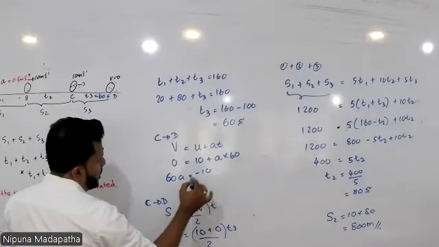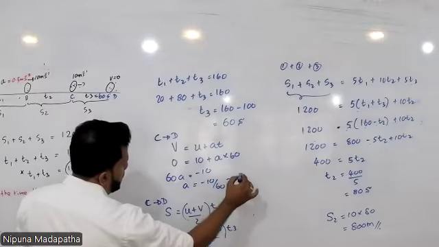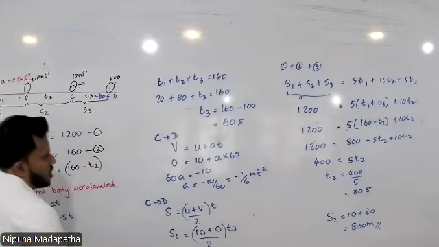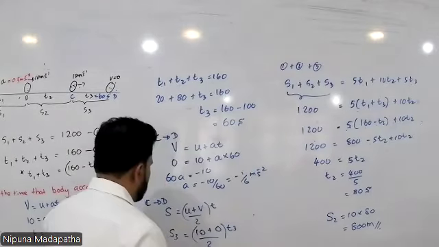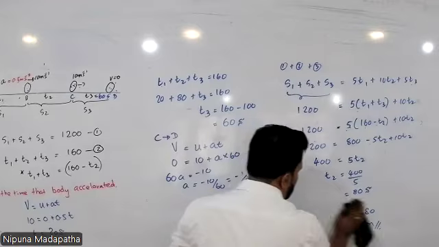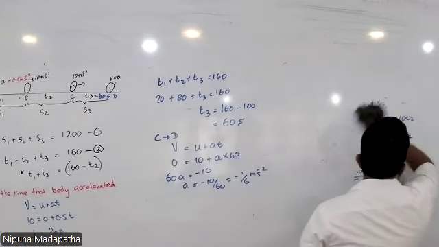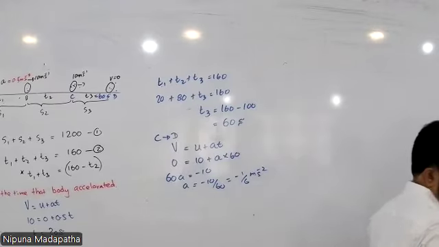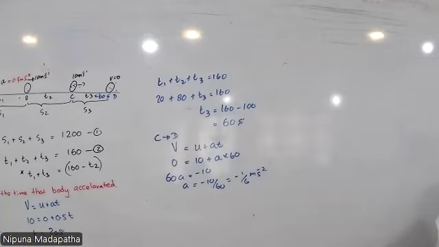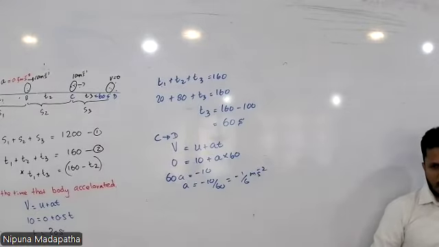So 60 times a is minus 10, a is minus 10 over 60, which is minus 1 over 6. Right?